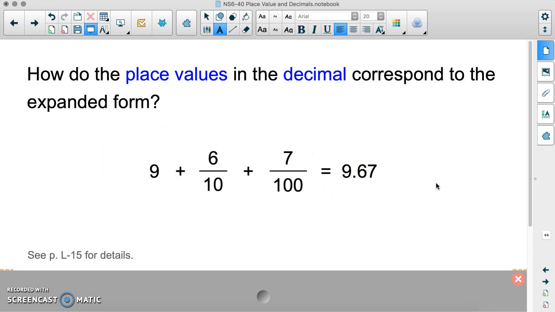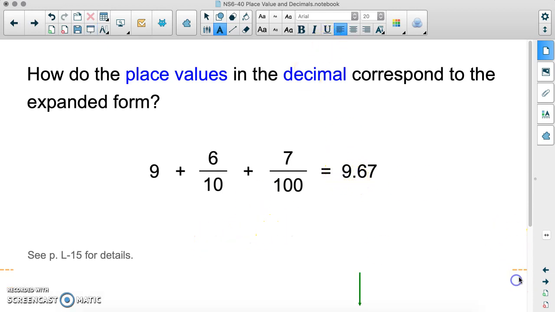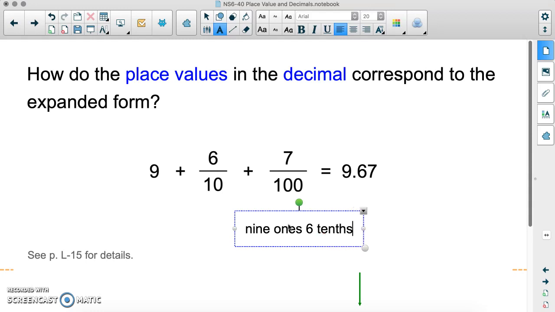When we're saying this number out loud, we could say we have 9 ones, 6/10ths, and 7/100ths. Okay, we need tenths and hundredths.